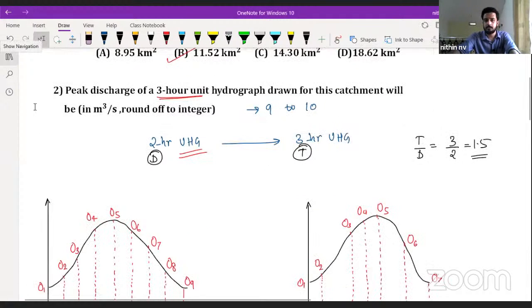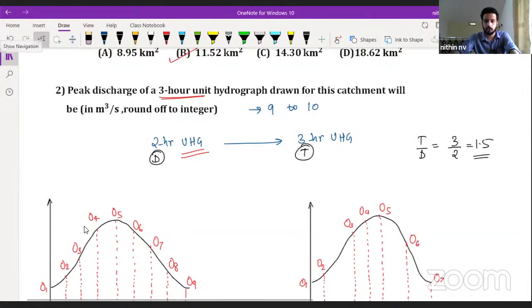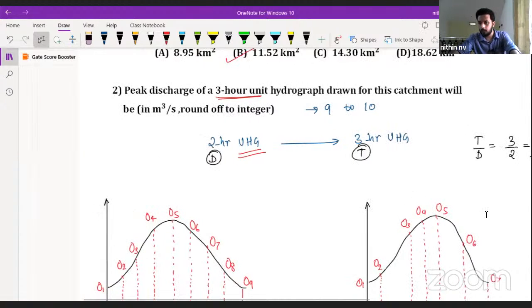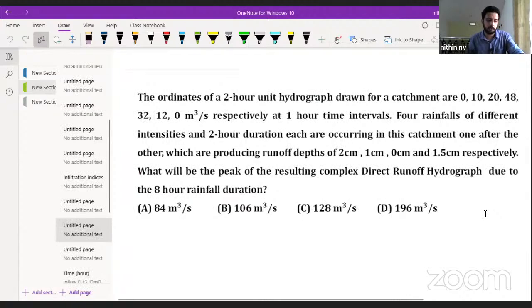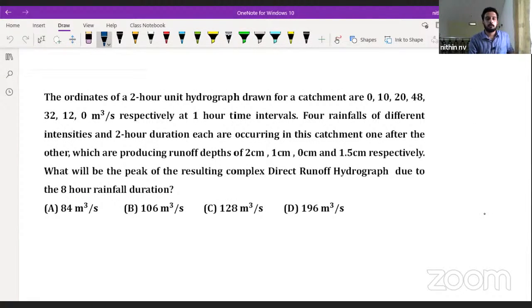Okay, that's it. So the next question we are going to, which is somewhat another level of question. Just go through the question and understand what we need to do. It's a complex rainfall and we have to calculate what will be the peak of the resulting direct runoff hydrograph.